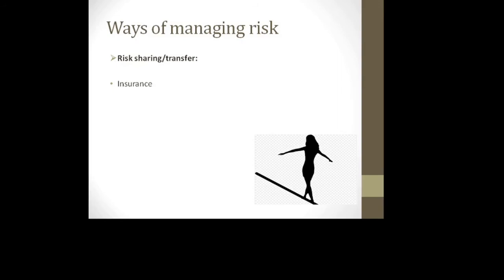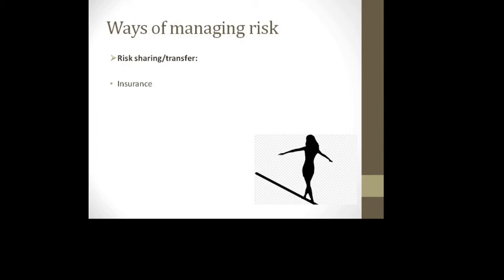Insurance is a pooling arrangement, or a cooperative arrangement, to spread the loss caused by a particular risk over a large number of people who are exposed to it, in exchange for a small sum of money. So a company, after paying a premium to the insurance company, can transfer its risk to it. Suppose there is a fire and a loss of about 10 lakh, and the sum assured is 15 lakh.